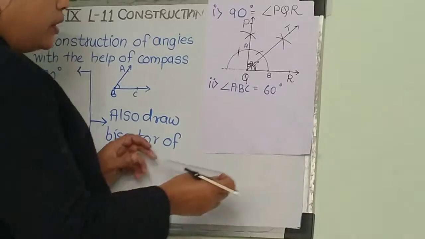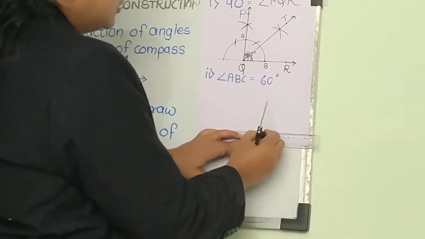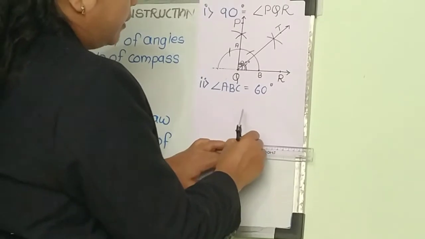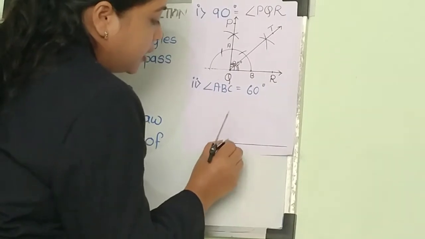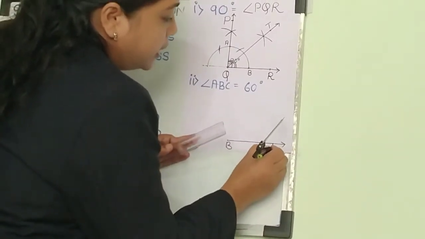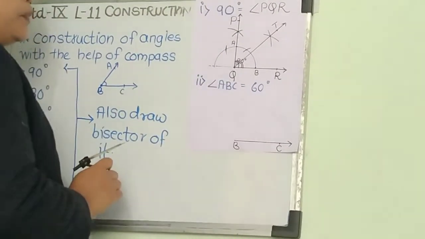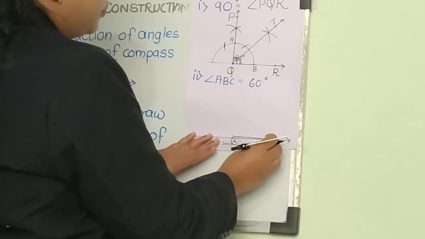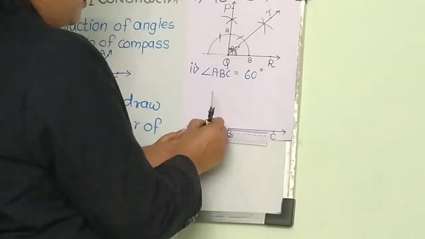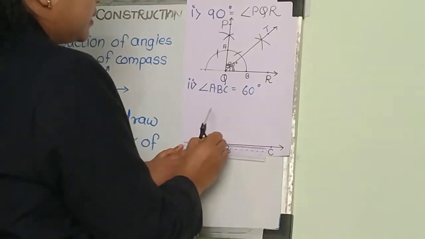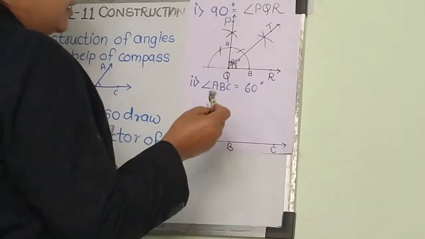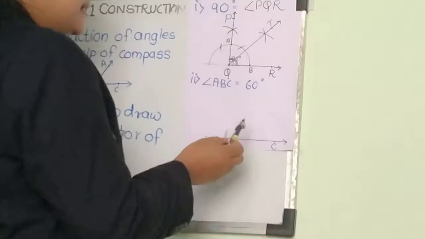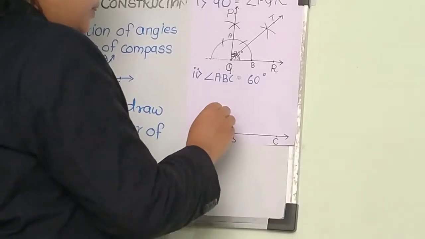First we are going to draw one ray. So first I am going to draw here one ray. Suppose now here point is B, and here we can take point C, because our required angle is ABC. Now what we are going to do? From B, first we are going to extend this to the left hand side. Then with some distance, fixed length, we are going to draw the half circle.